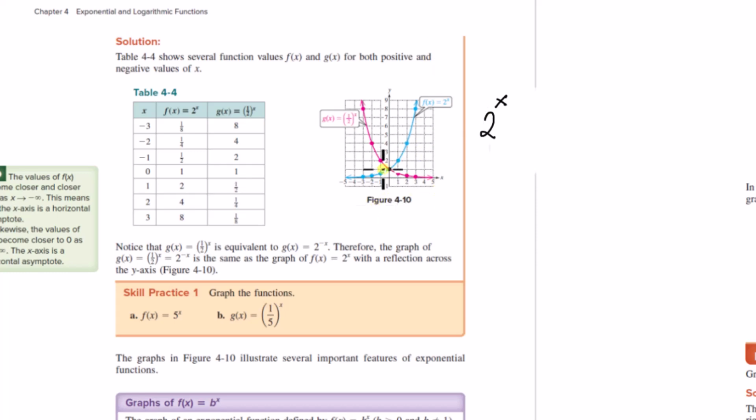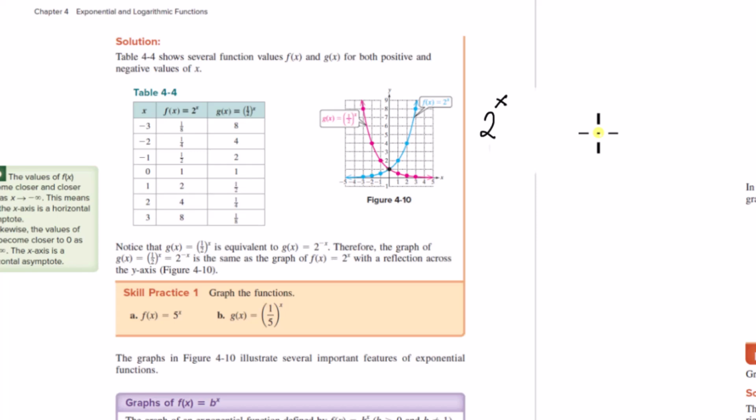Okay, now if starting at x equal to 0, we go in the negative direction, then what we can think about as happening there is when you have 2 to some negative exponent power, you can write that as 1 over 2 to the positive of that power. And so what's going to happen is as x gets larger and larger in magnitude in the negative direction, the function is going to approach 0 from above. But it's never going to get to 0.